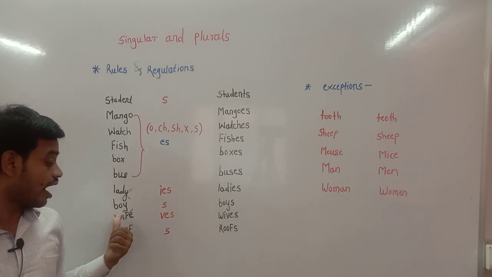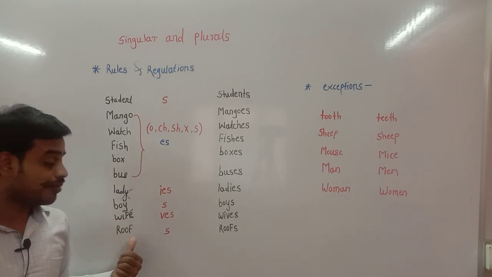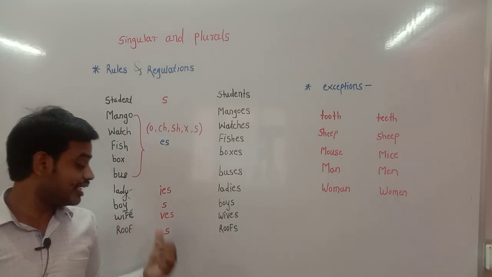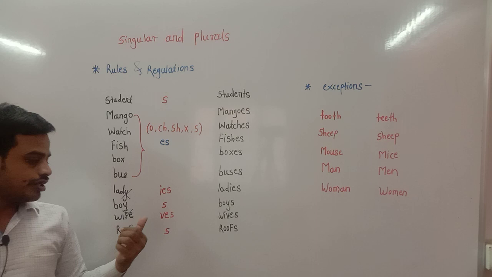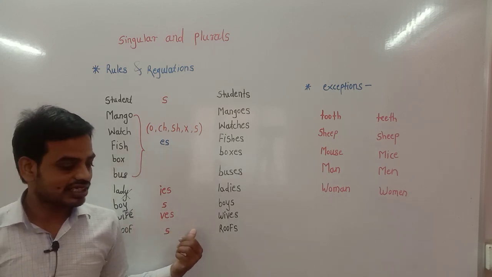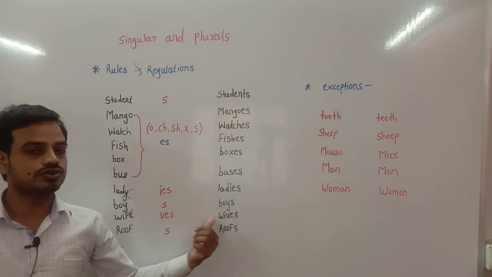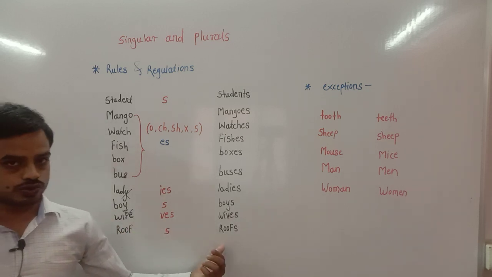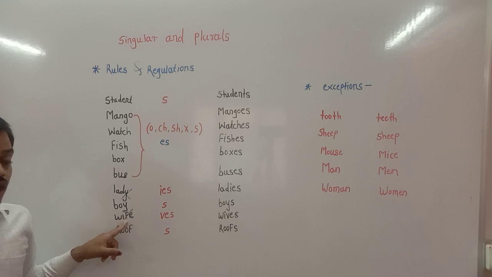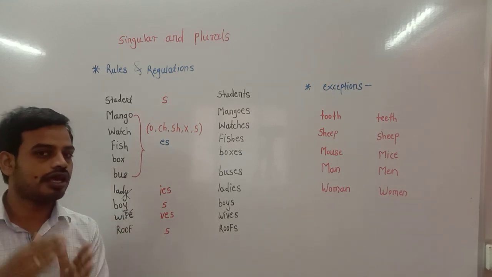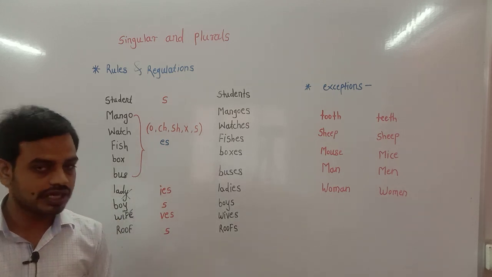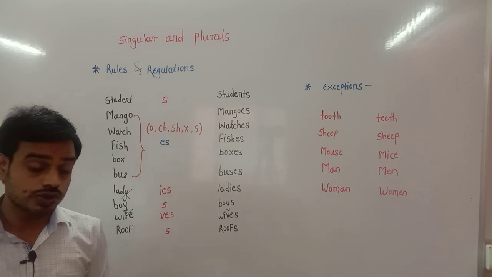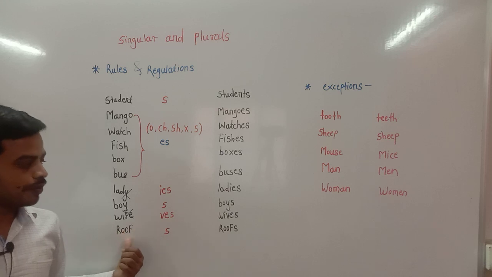If there are 2 vowels, use only S, but if there are not 2 vowels, delete F or FE and use VES, such as wife, wives; life, lives. Then roof, roofs. What is the difference? If a word ends with F or FE and before it there are 2 vowels, you mostly use only S. Roof, roofs.